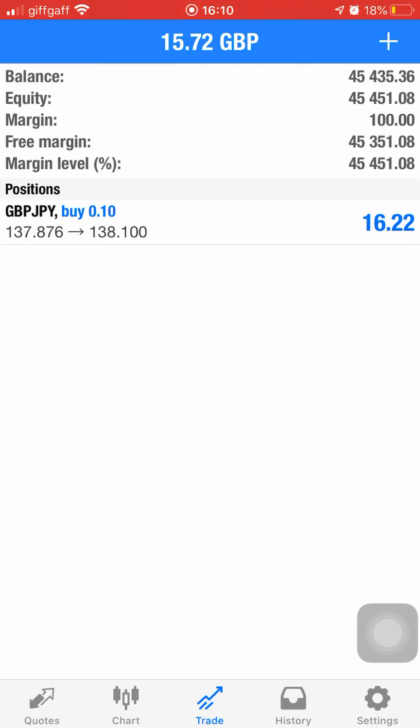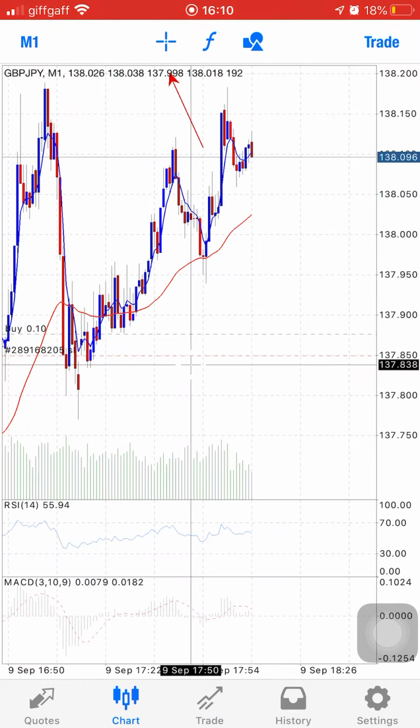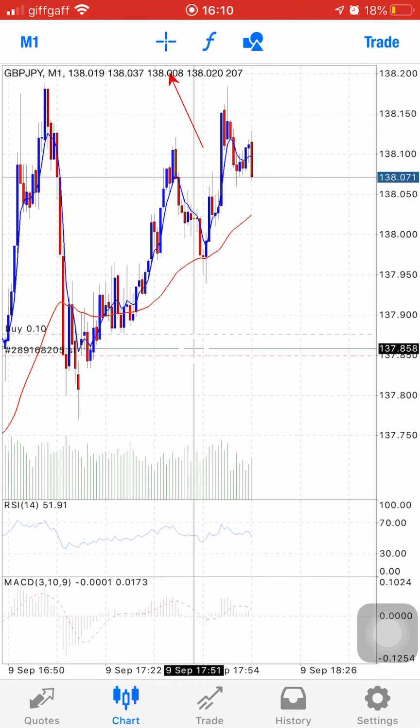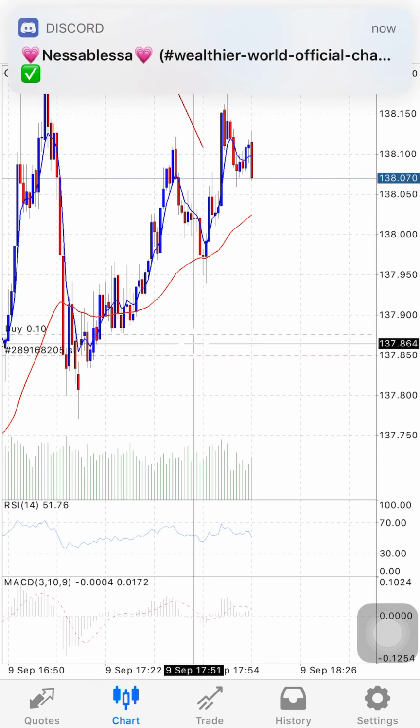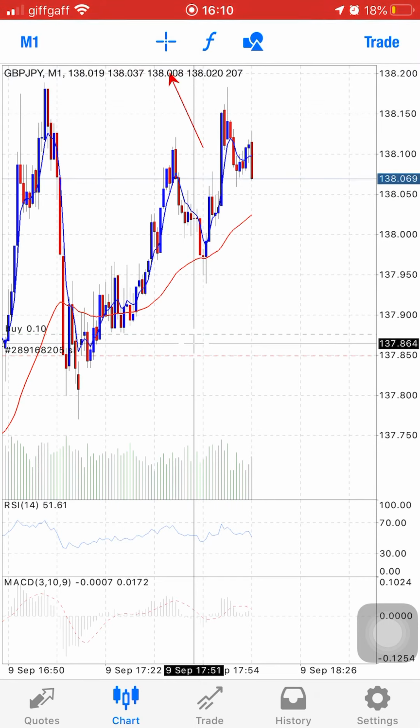Now, you don't want to move your stop loss exactly to that number. The reason why is spreads. Brokers have spreads, and across different currency pairs and different times of the day, the spreads are higher or lower. So to prevent you from moving your stop loss and losing a couple of pence, just move your stop loss a little bit above your entry price.